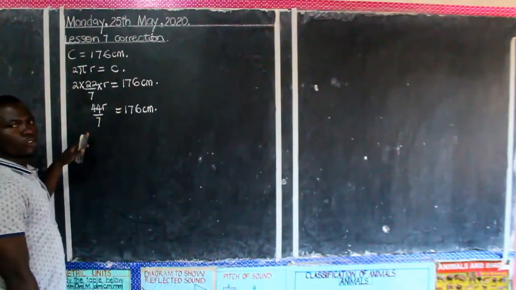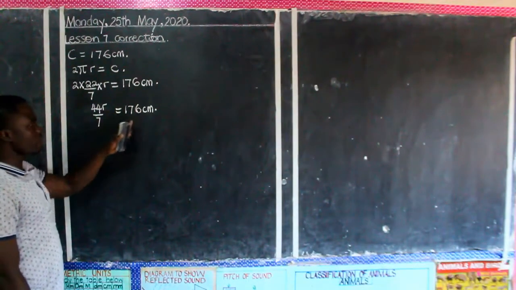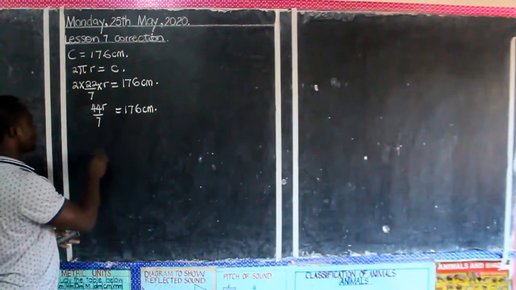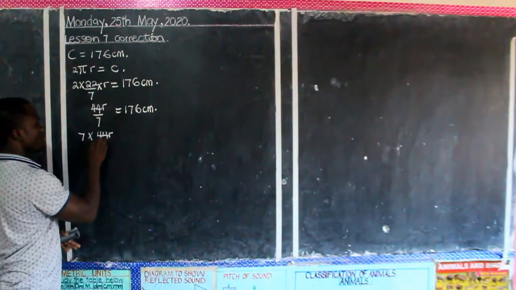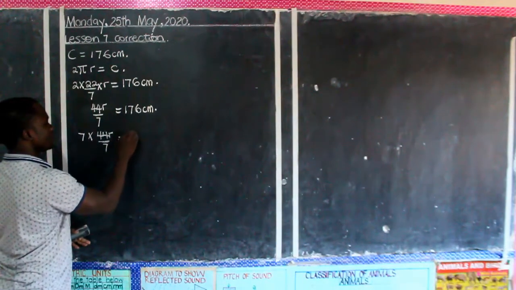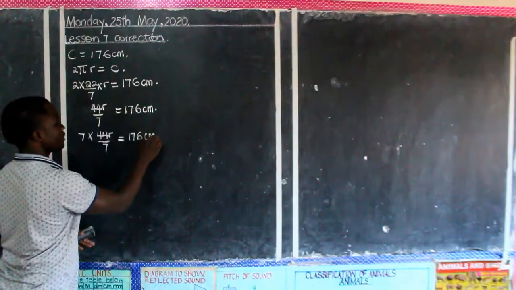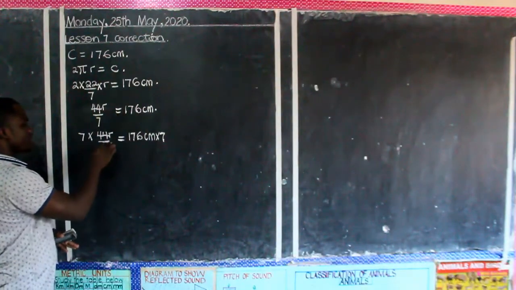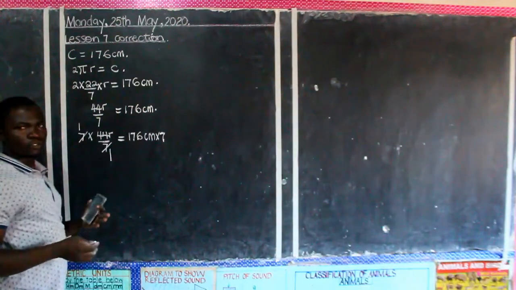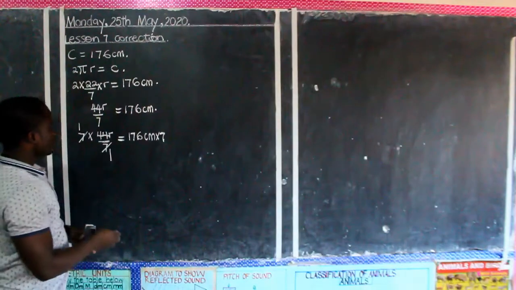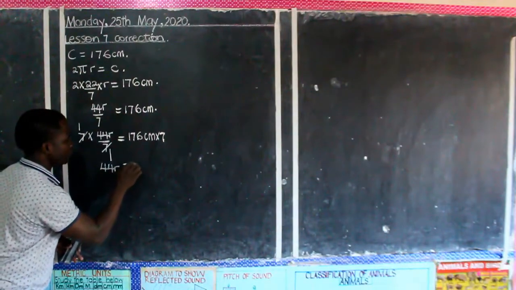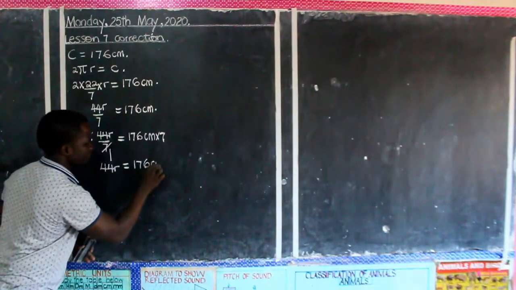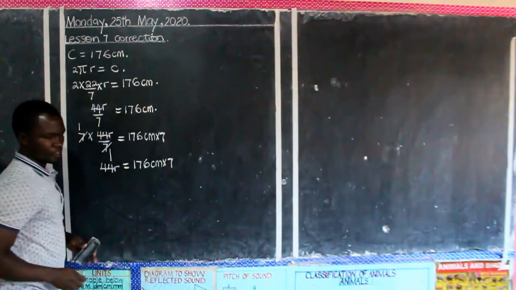So we shall also remove 7 from here by multiplying it on either side. So this is 7 times 44r out of 7 equals 176 centimeters times 7. By 7 once, by 7 once. So 7 has disappeared. So we shall have 44r equaling to 176 centimeters times 7.